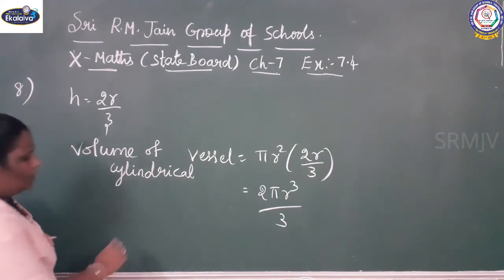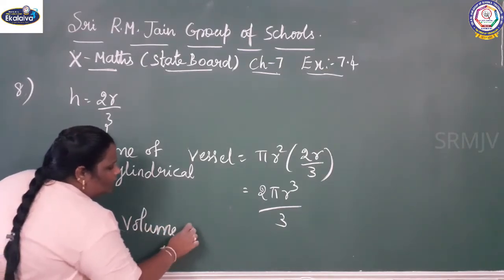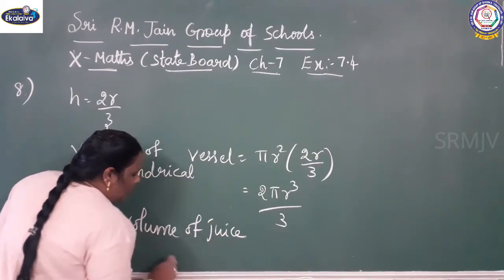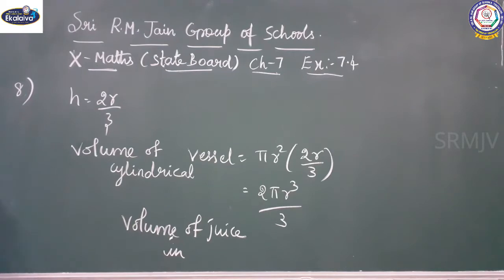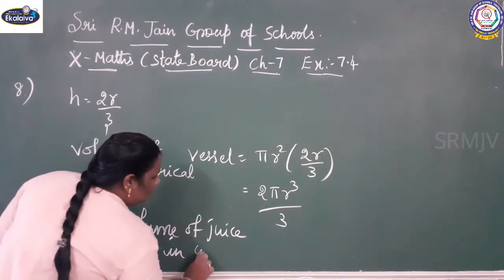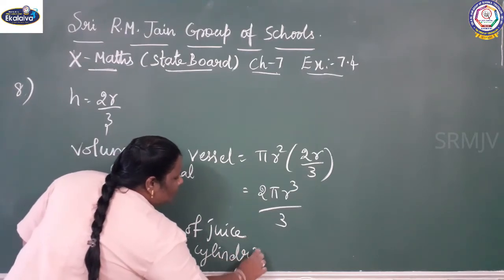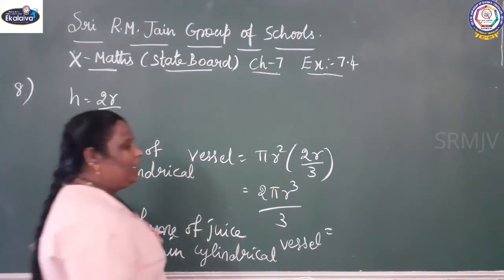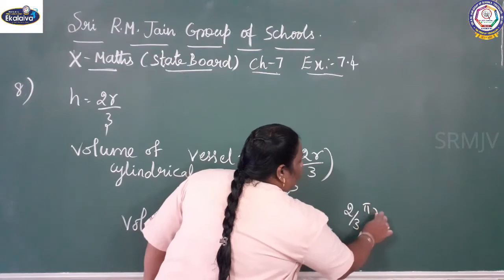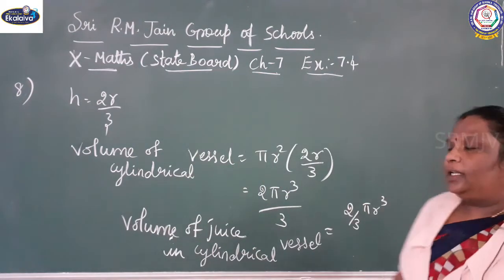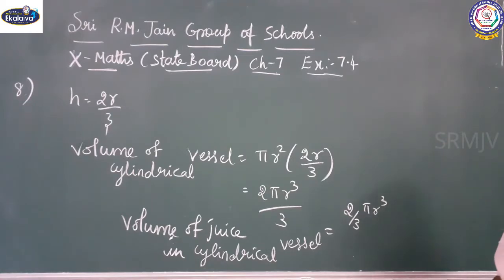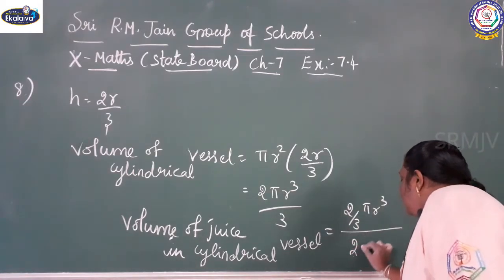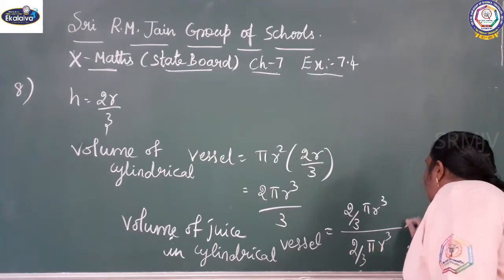Volume of juice in cylindrical vessel equal to volume of hemispherical bowl, which is 2 by 3 pi r cube. Volume of juice in cylindrical vessel equal to volume of hemispherical bowl by volume of cylindrical vessel into 100.